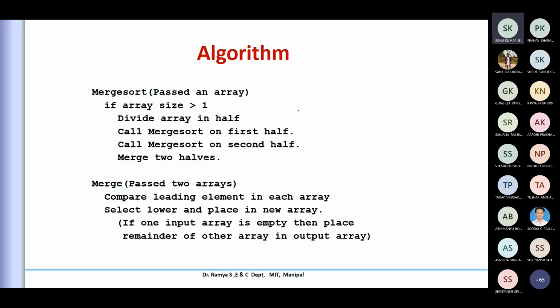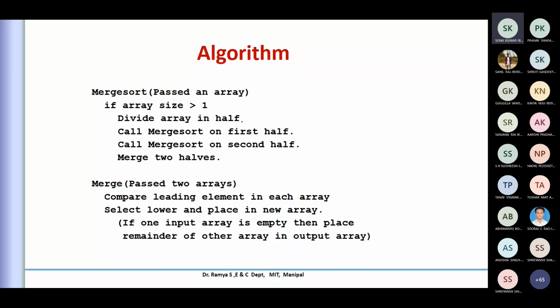So what is the algorithm? The basic algorithm in the first part: we are passing the array. You make sure that the array has at least two elements in it. Then divide the array into half. Half means, usually, I'll show you how we implement that also. So the basic concept is to divide into half.